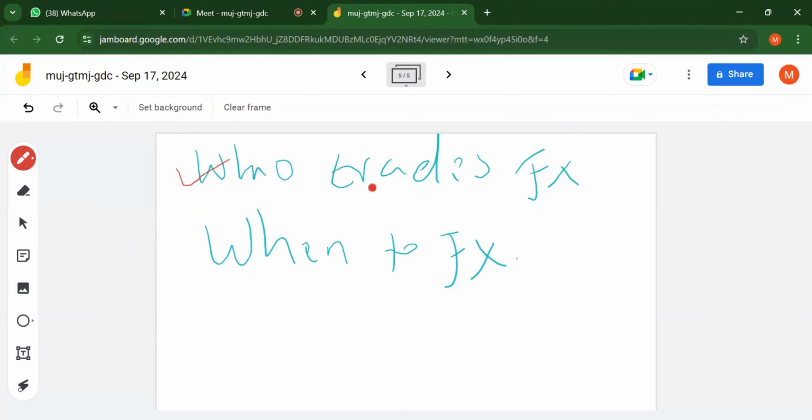We'll be getting to understand who the strongest participants are, how they cause movement in this market, and what their influence is. So that is tomorrow's class.